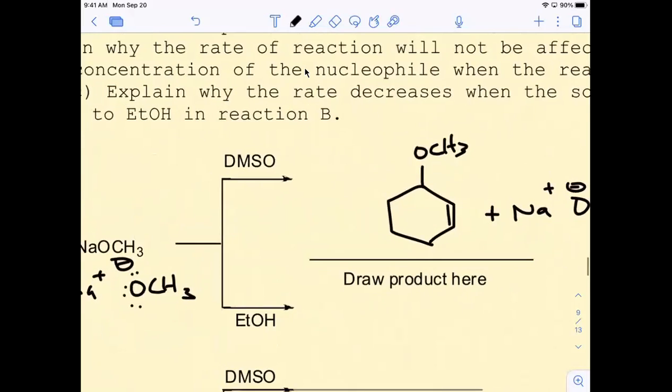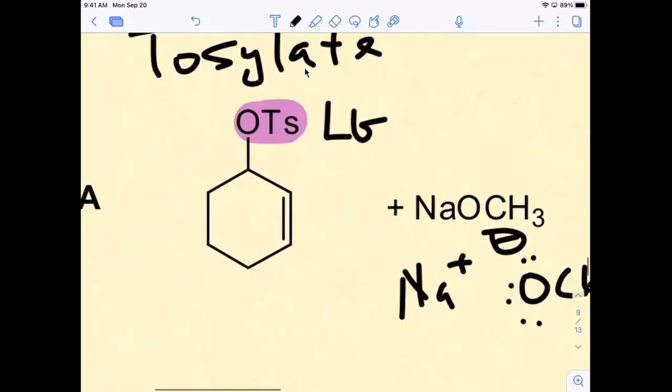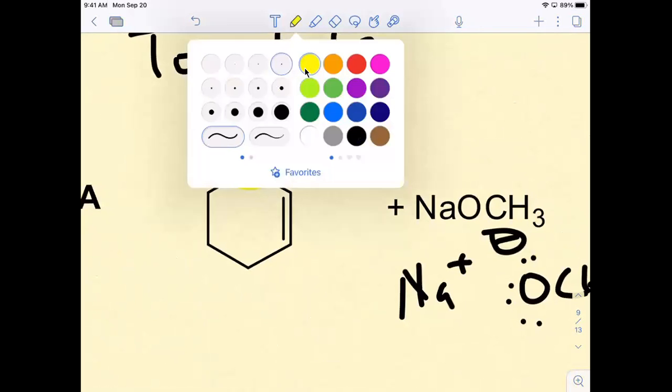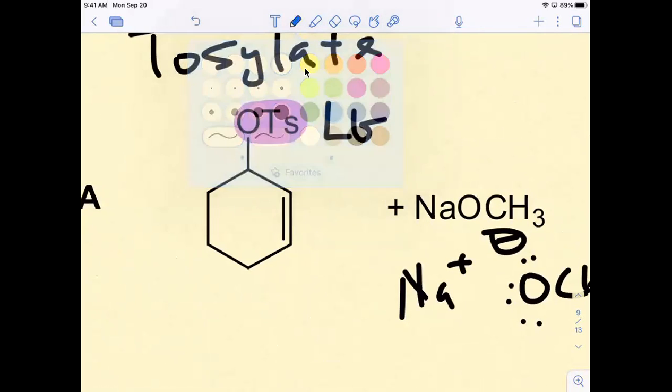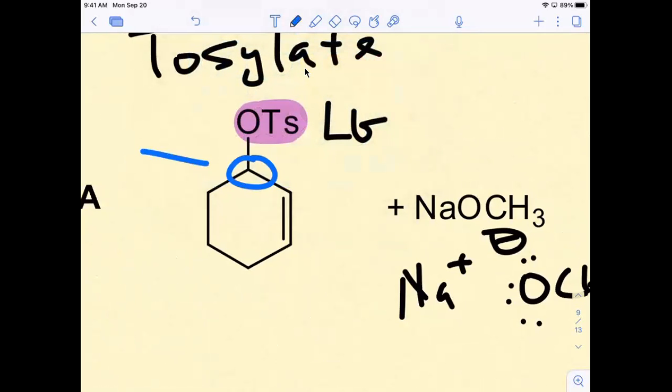So if I do this, this is a secondary carbon. All right. So that's the purpose of this example. Sorry about the bad color. So remember, secondary carbons, you can do SN2 or SN1. So what we have to look at is some other characteristic of the reaction, like the solvent or the nucleophile, but mostly the solvent.